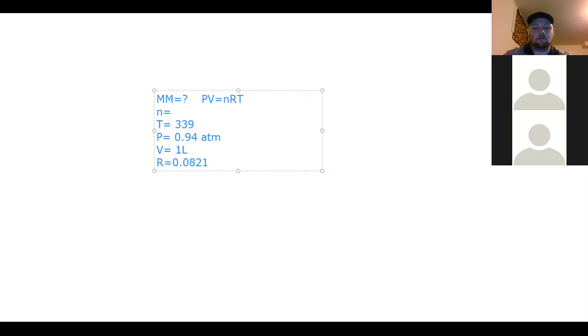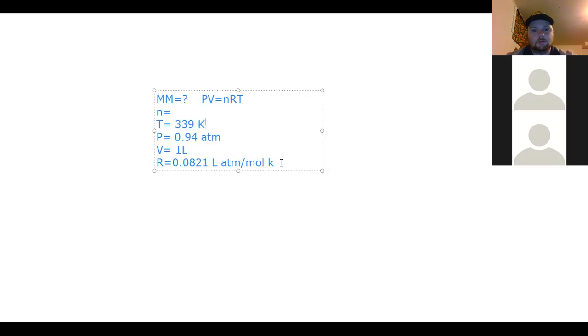So we're going to have liters, atmosphere, moles. Okay, so that's everything that you'll need to use. All right. And so we know we're working at one liter, that much atmospheres, 0.94. The temperature is 339 Kelvin.